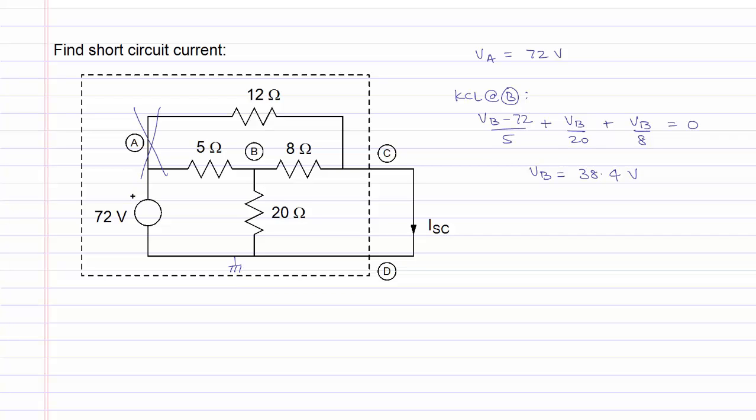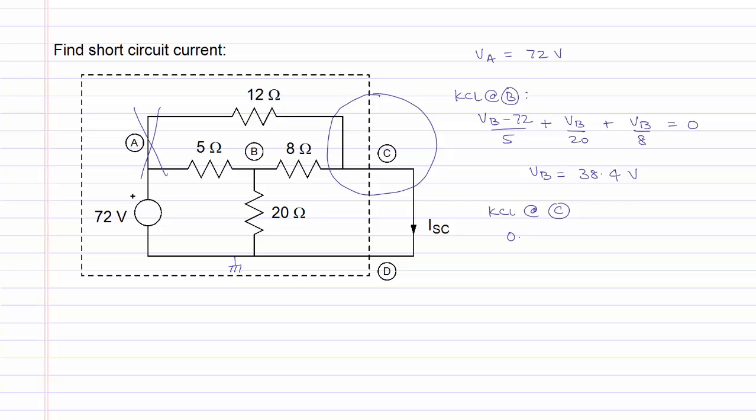Once we have solved for the nodal voltage VB, we will write a KCL at node C to be able to calculate ISC. KCL at C will give us the current leaving through the 12 ohm resistor will be VC minus VA.